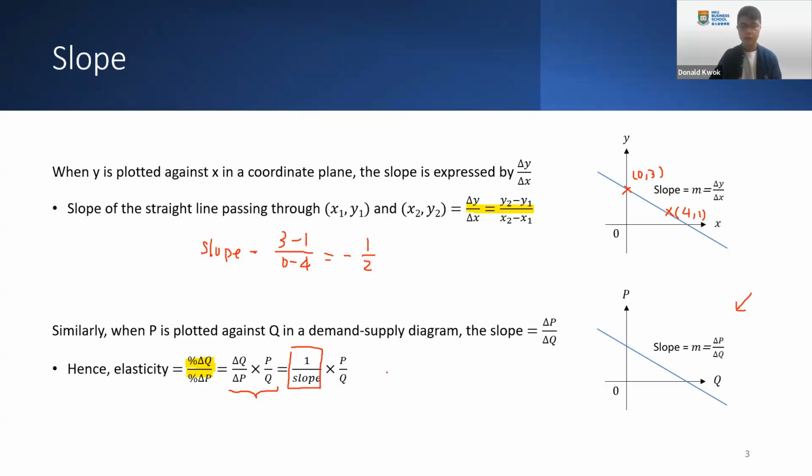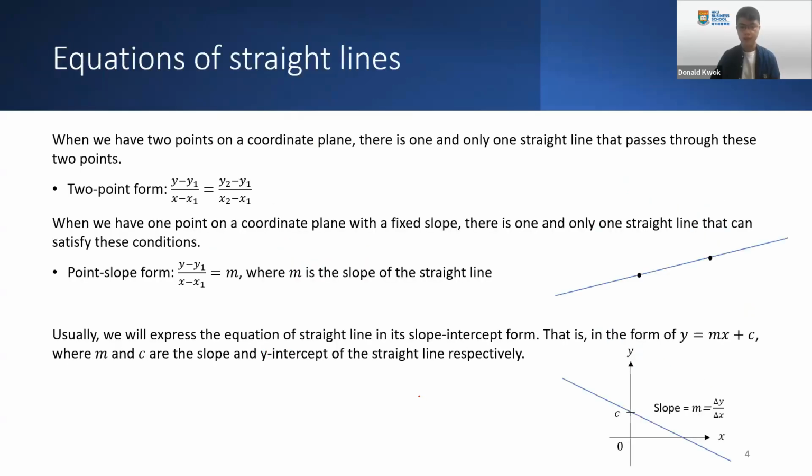All right, the next thing I would like to go through is equations of straight lines. If we have 2 points on the coordinate plane, then we are able to draw a straight line that passes through these 2 points, and this would be a unique straight line. Suppose you have 2 points here, (1, 2) and (3, 4).